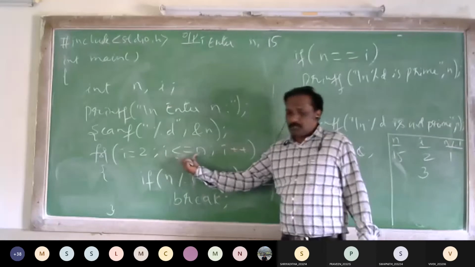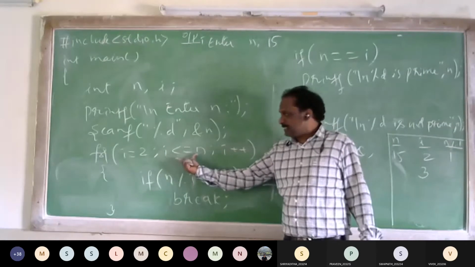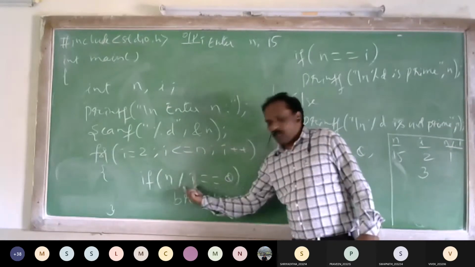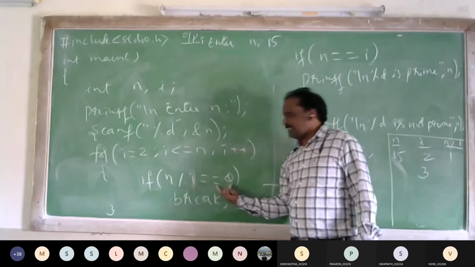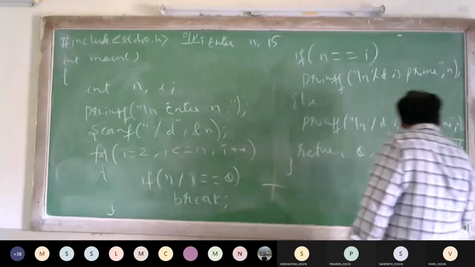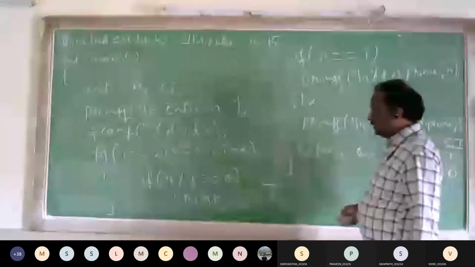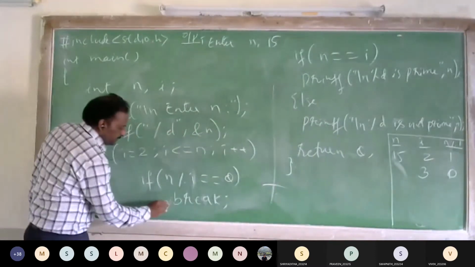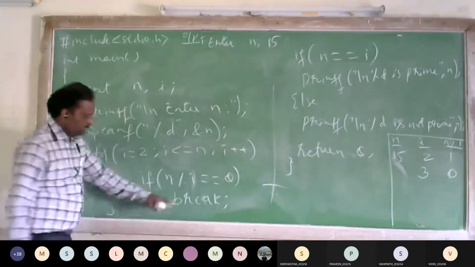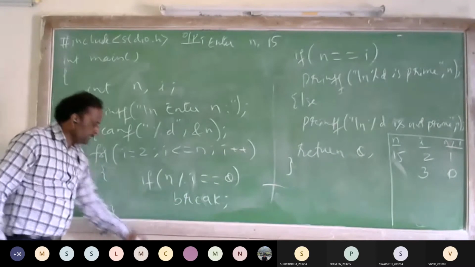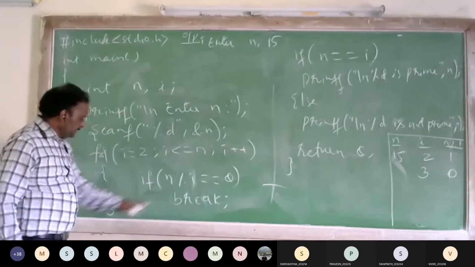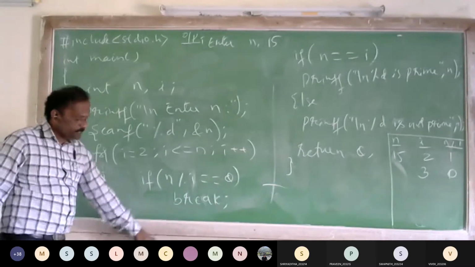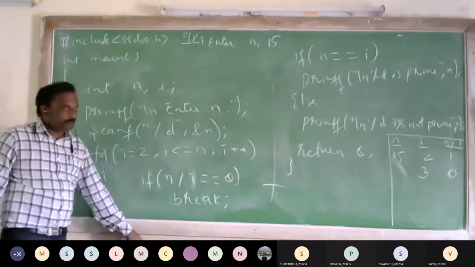Now, 3 less than or equal to 15? Yes, true. What is 15 modulus 3? The remainder is 0. When the remainder is 0, this condition is true and this statement is executed. Break, the control will come outside of the for loop. Whenever break is executed, the control will come outside of the for loop.